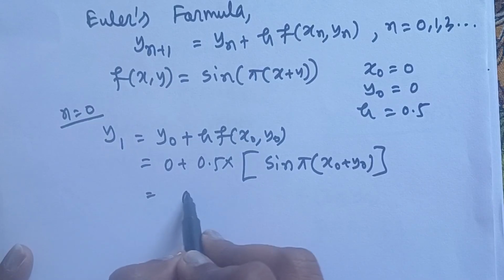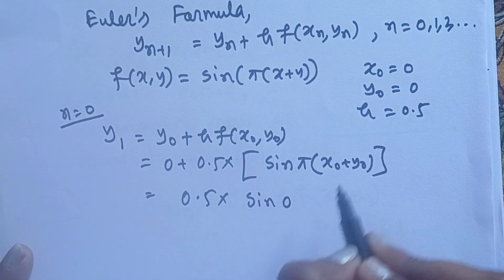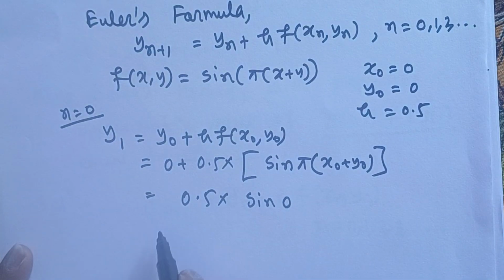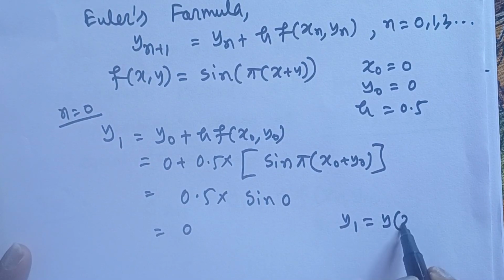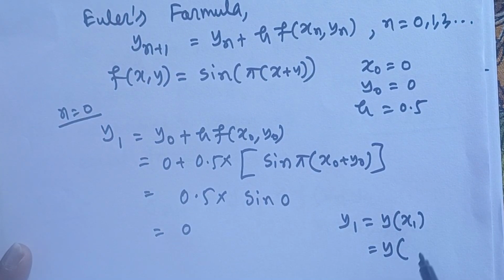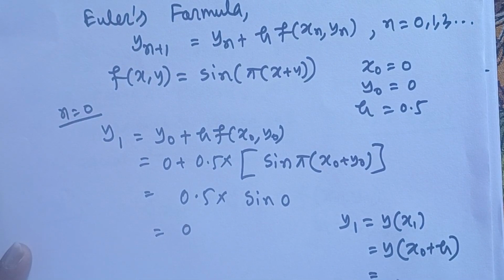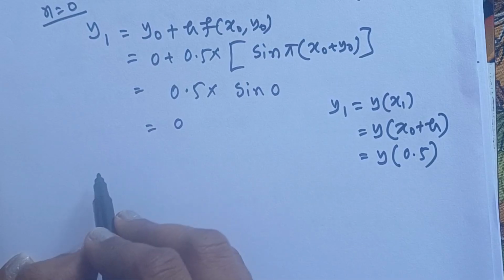Now substituting the values, we obtain 0.5 × sin 0, because x0 is 0, y0 is 0 and 0.5 is h. So the final answer is 0 for y1. And what is y1? y1 is y(x1) and x1 is x0 + h. So y1 is ultimately y(0.5).